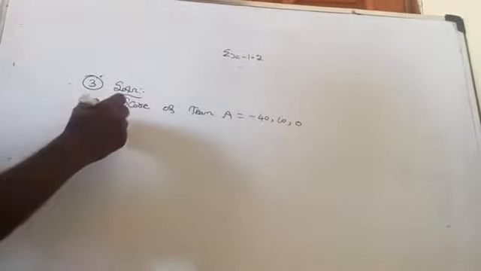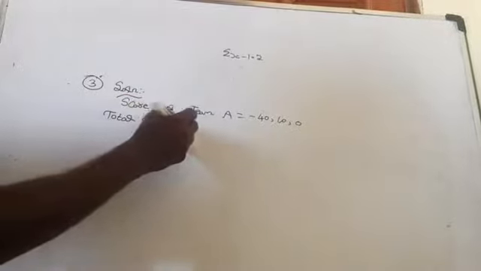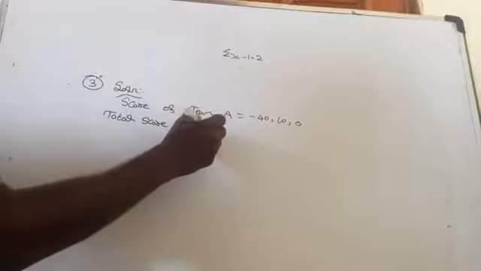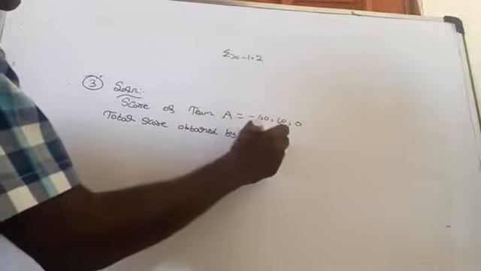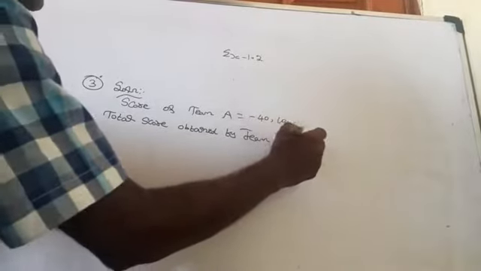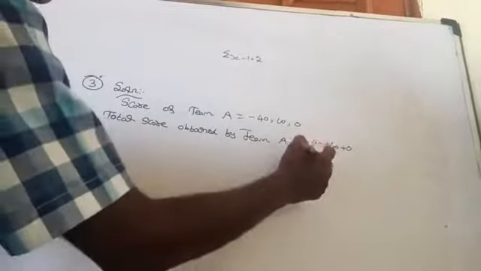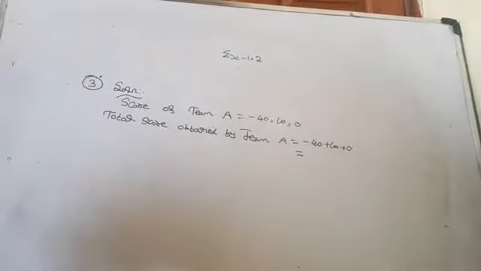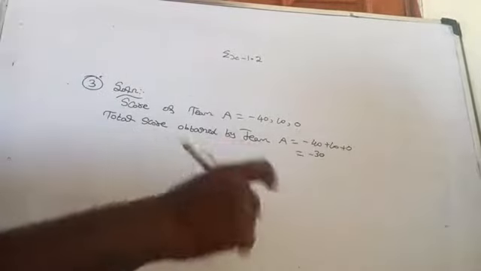Now the total score obtained by team A is minus 40 plus 10 plus 0. That is, minus 40 plus 10 is how much, dear? Minus 30. Minus 30 plus 0 is minus 30 only.